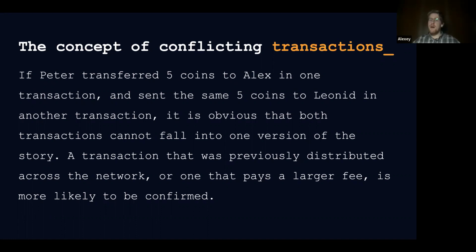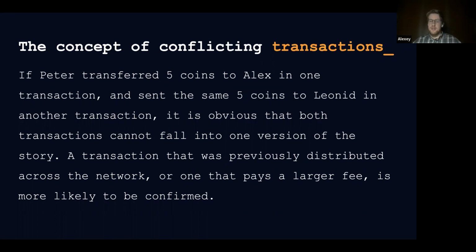Peter has only 5 coins, but he is trying to send them to 2 different people. Of course, both transactions cannot be in one version of the story, or speaking more technically, they cannot be in one blockchain, because they are conflicting. Peter is trying to create coins from thin air.